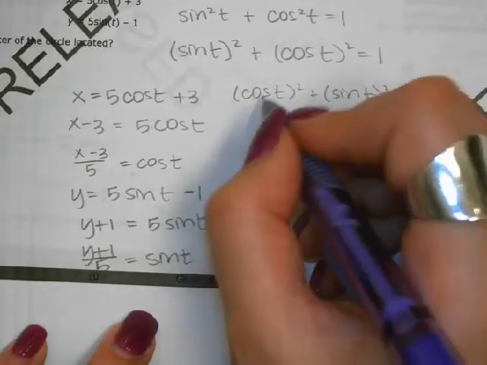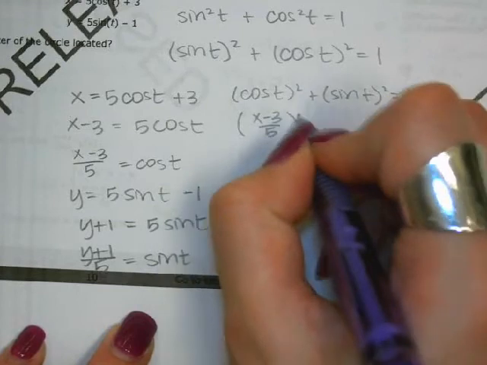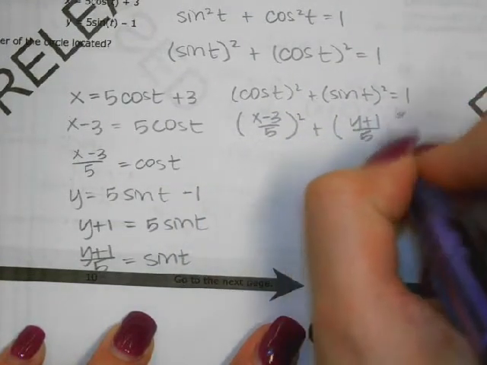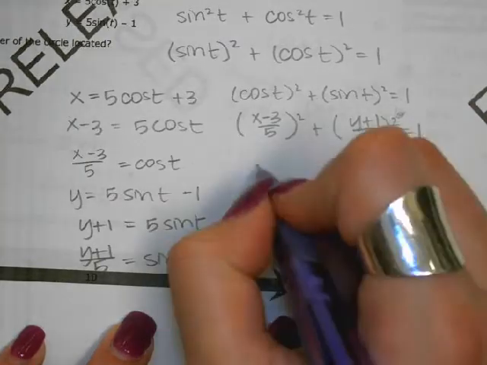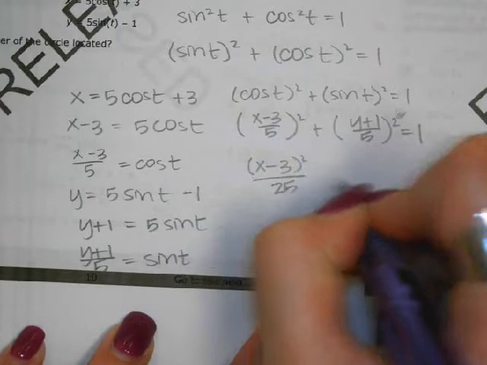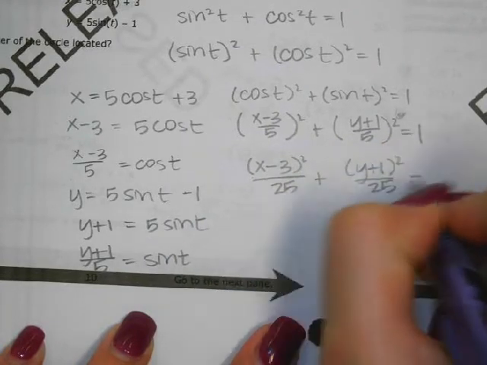Okay, so cos is x minus 3 over 5 squared. Sine is y plus 1 over 5 squared. And so this would be x minus 3 squared over 25, y plus 1 squared over 25.